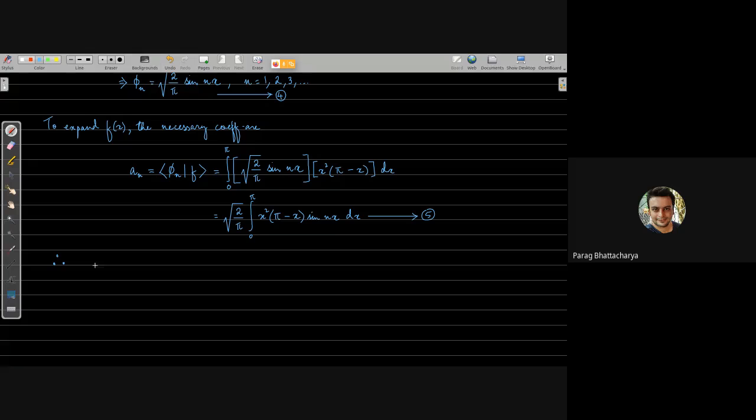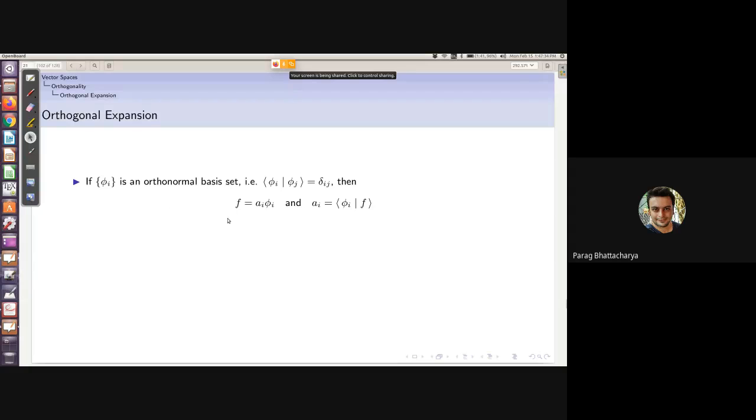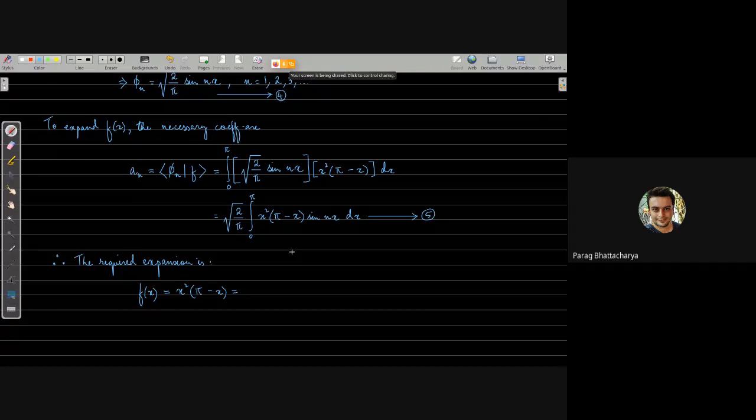So therefore the required expansion of this function f of x, which is x square into pi minus x, is basically the sum of ai into phi i, and these are your ai's.